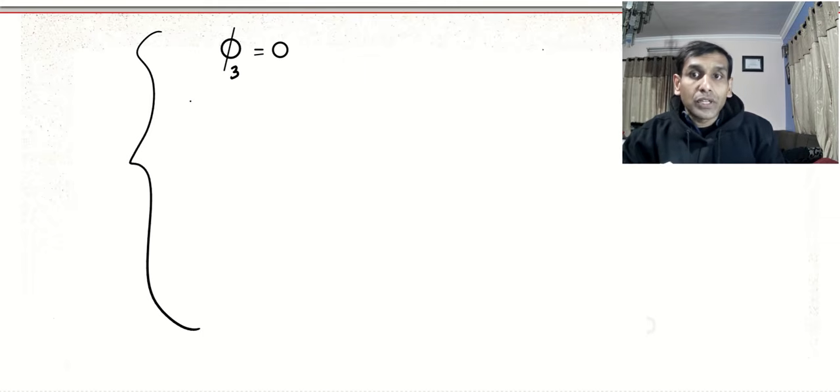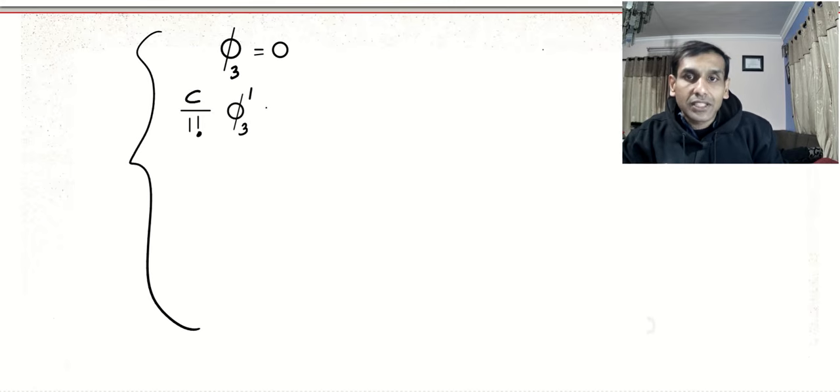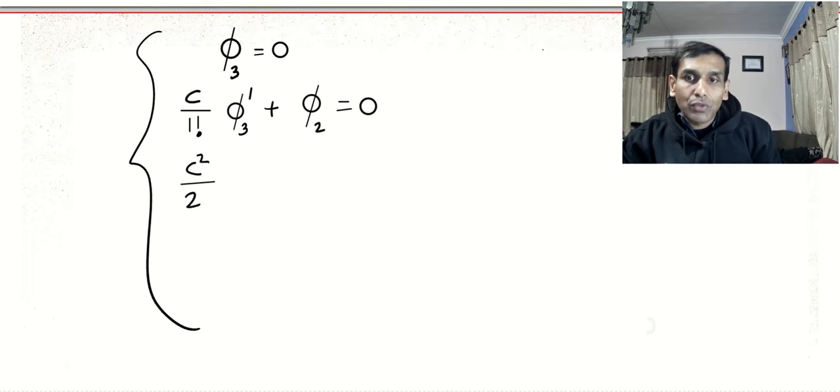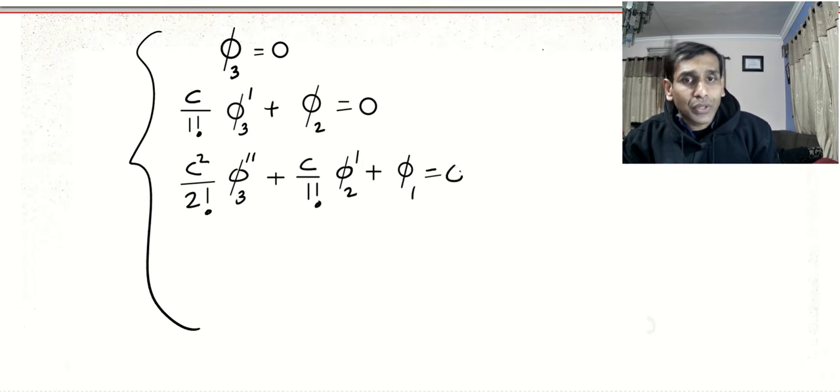The second equation will be c divided by 1 factorial phi 3 dash plus phi 2 is equal to 0. The third equation will be c square by 2 factorial phi 3 double dash plus c by 1 factorial phi 2 dash plus phi 1 equal to 0.